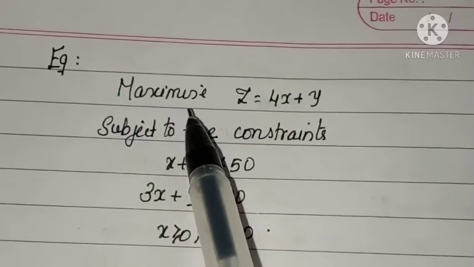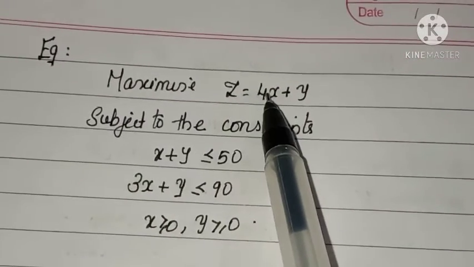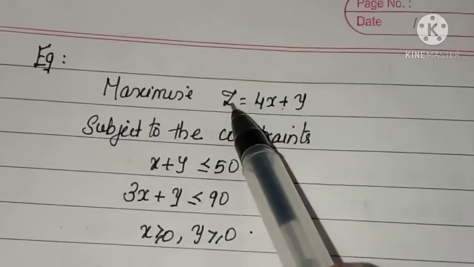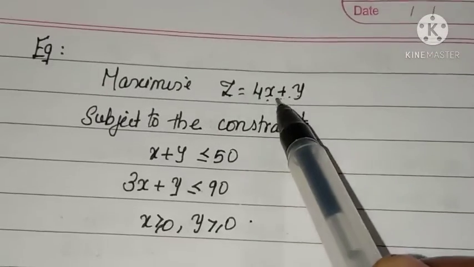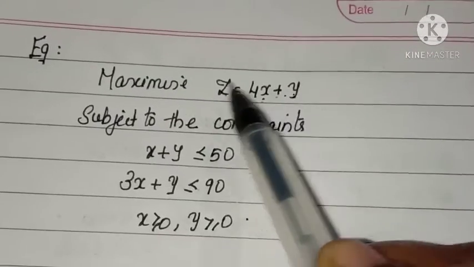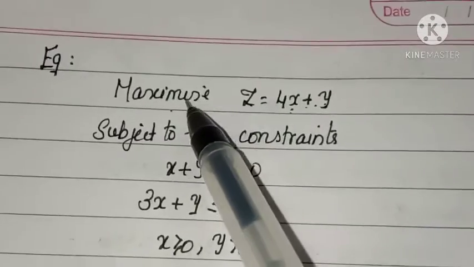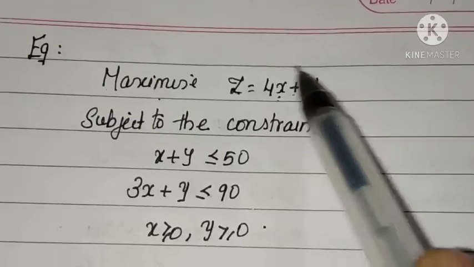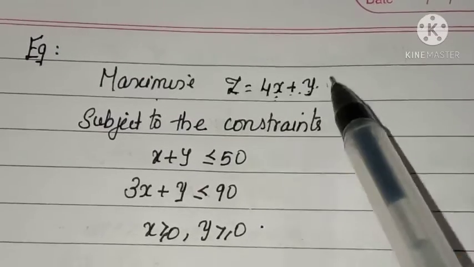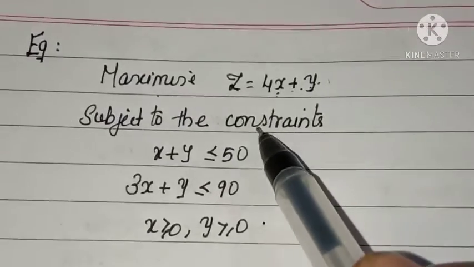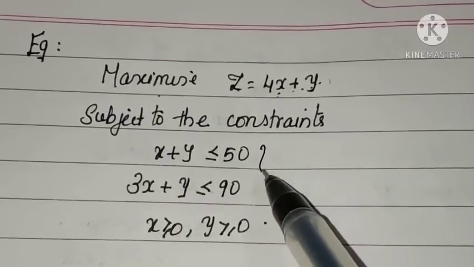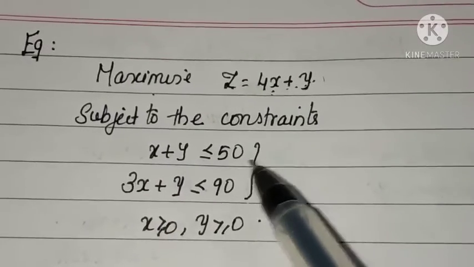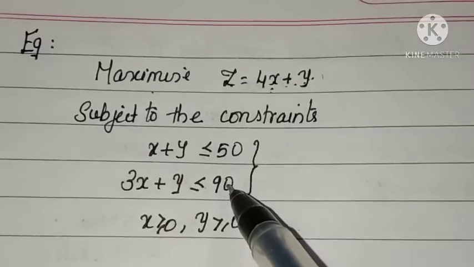Let's see this example. Maximize z equal to 4x plus y. So z equal to 4x plus y is our linear function, and our question is to maximize it. What is the maximum value of z with respect to these variables? Now see, this linear function depends on some constraints. Constraints means some non-negative restrictions and some linear inequalities.